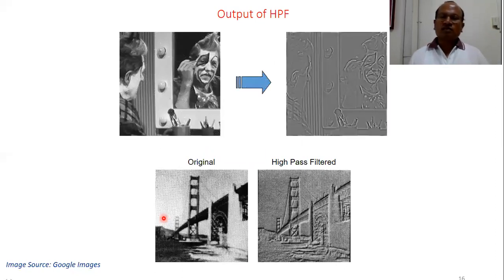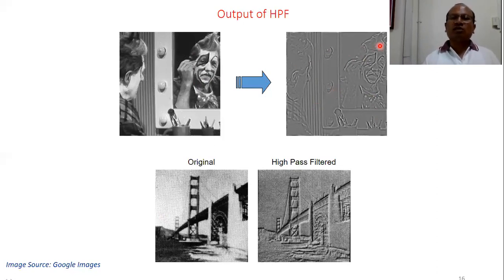This is a sample output where we are getting the output of HPF. I've already explained in my previous lecture that edges and boundaries are high frequency contents, very sharp contents. So those sharp boundaries and edges are recovered here.